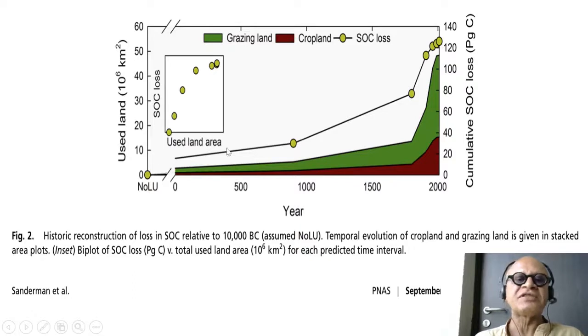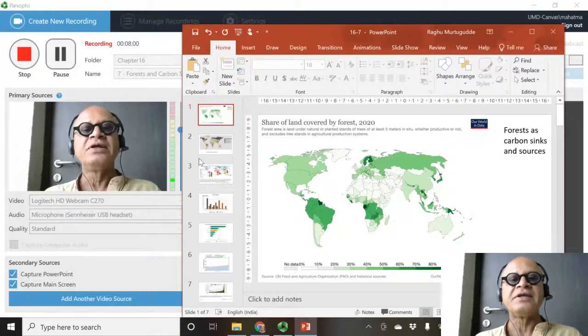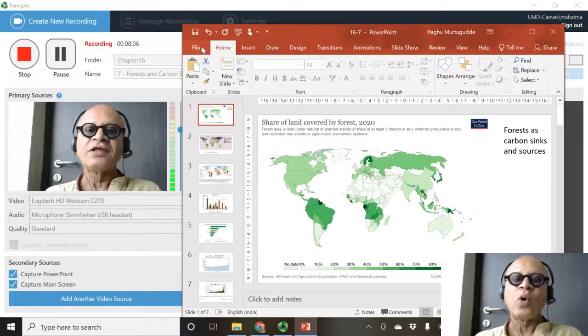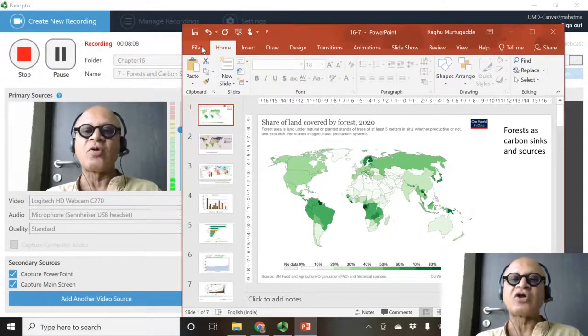So you can say that human impact on soil degradation and carbon loss has been going on for several millennia at least. Okay, so agricultural use of land has always been a total negative impact on soil quality and soil organic carbon, and added to atmospheric CO2 increase.